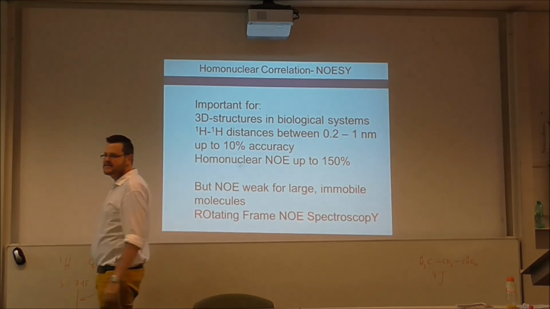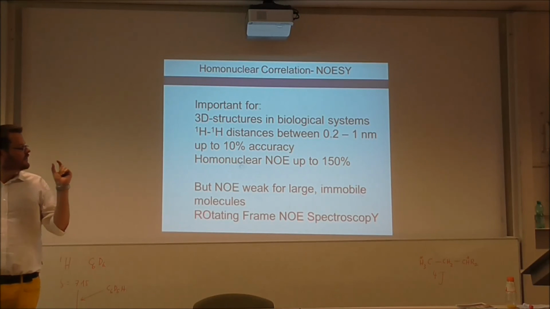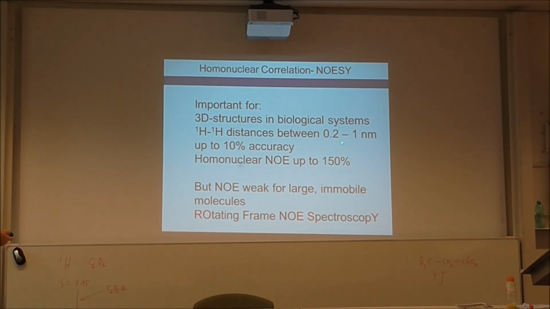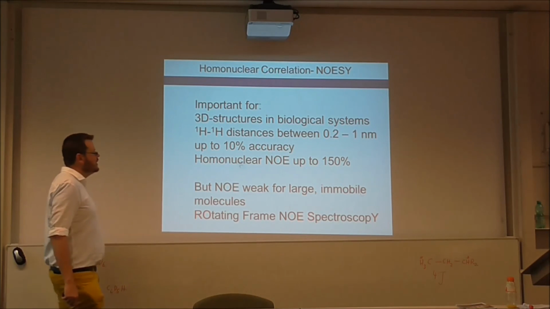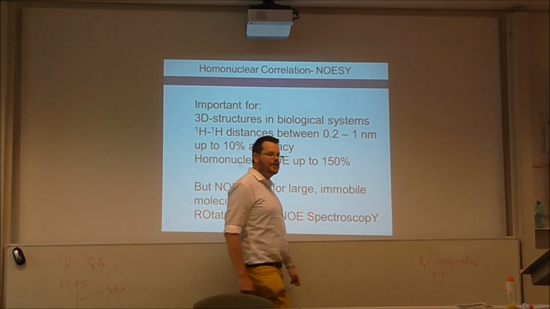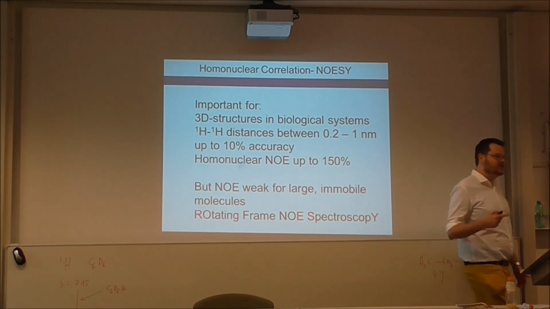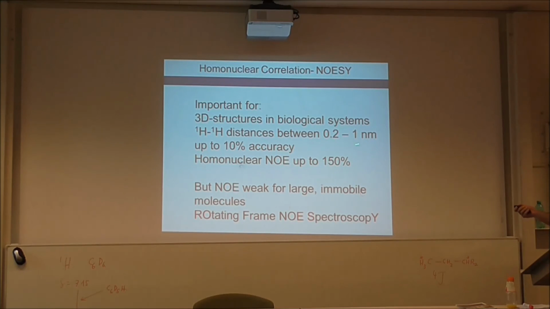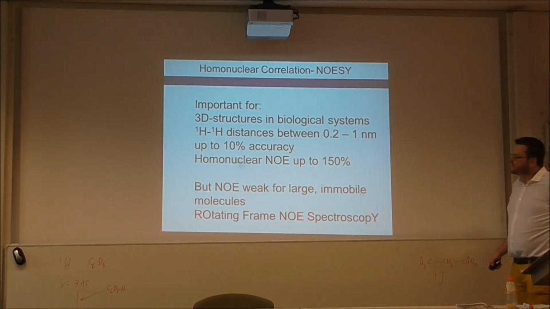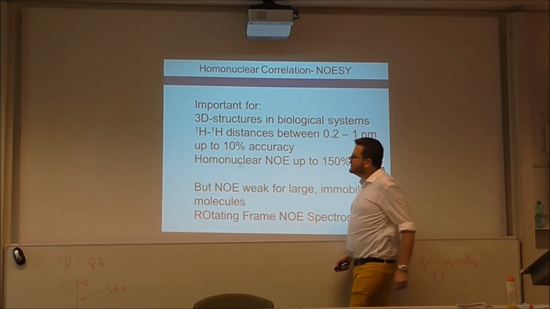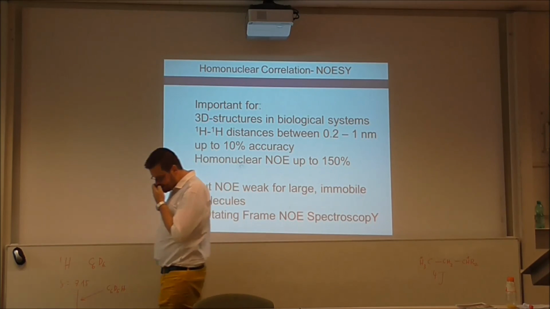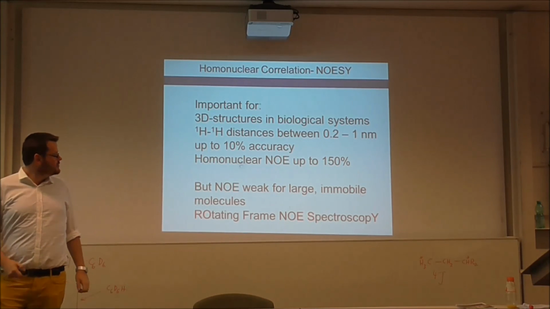Depending on the strength of the coupling, you can even estimate the distances to a very high degree of accuracy. That's quite wild, right? You just record a spectrum, and you can elucidate the 3D morphology of a complex biomolecule, within 10% accuracy.